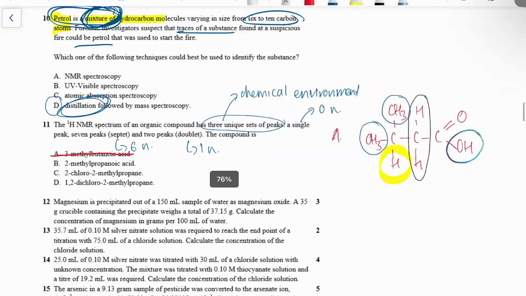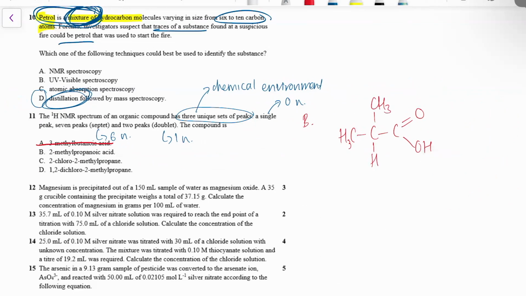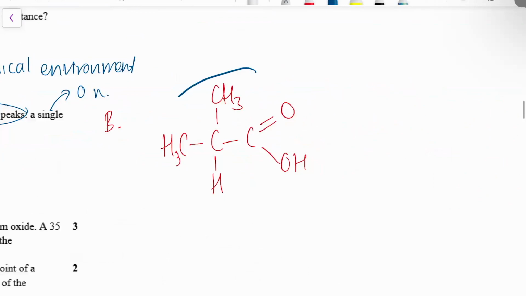How do we draw B? 2-methylpropanoic acid. 3 carbons, and then double bonded to OOH. And then in the middle is methyl. And then I'll fill in the hydrogens with a condensed formula as well. Same thing as before.